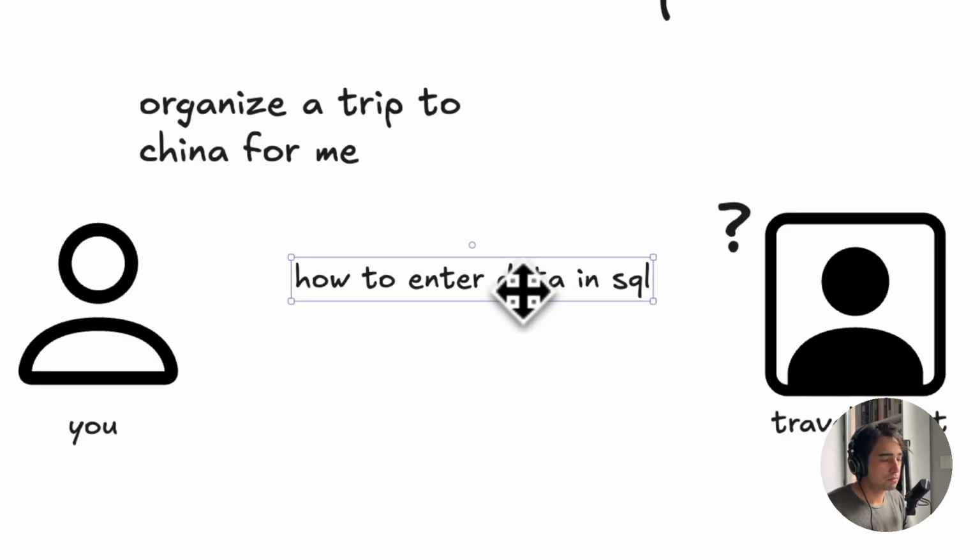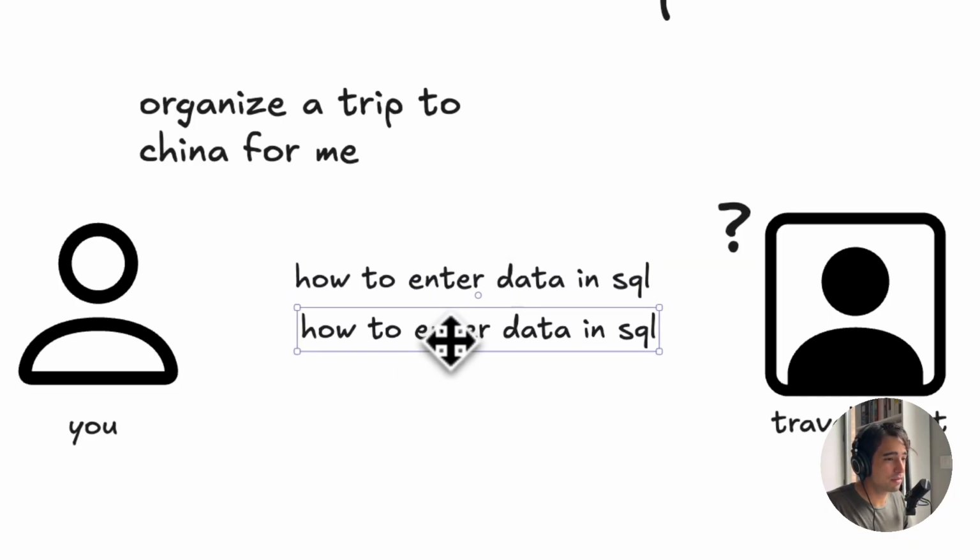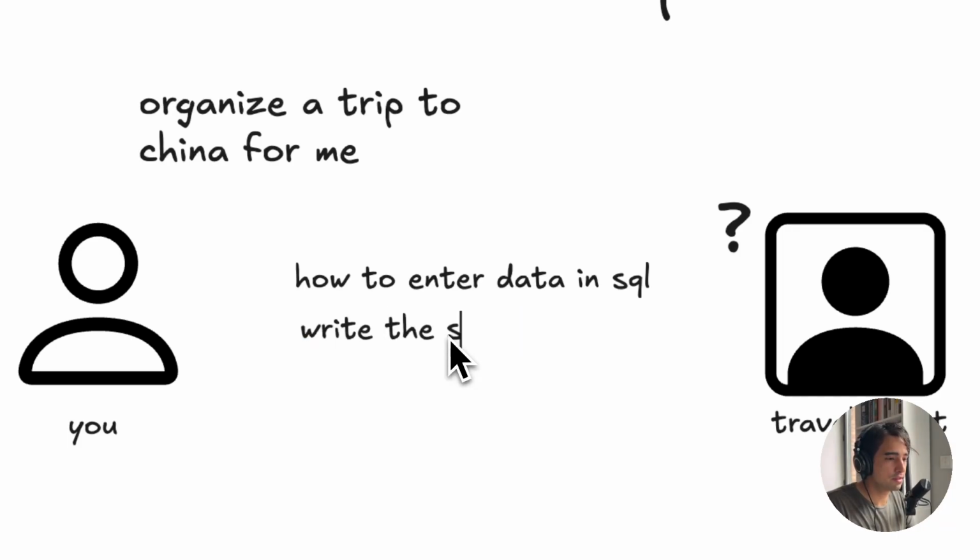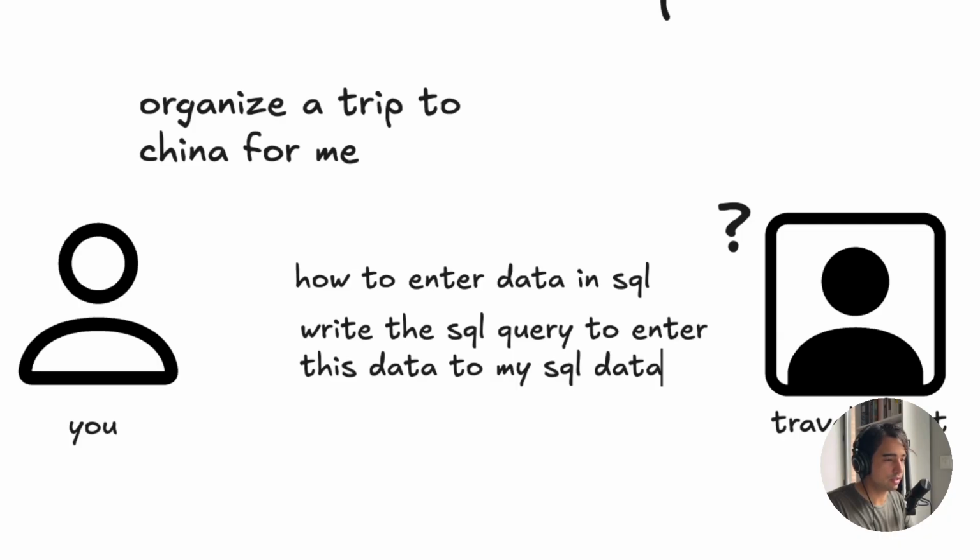And this is already quite a good query for Google, but this is probably not the best for an AI. So an AI would probably take something better like write the SQL query to enter this data to my SQL database.